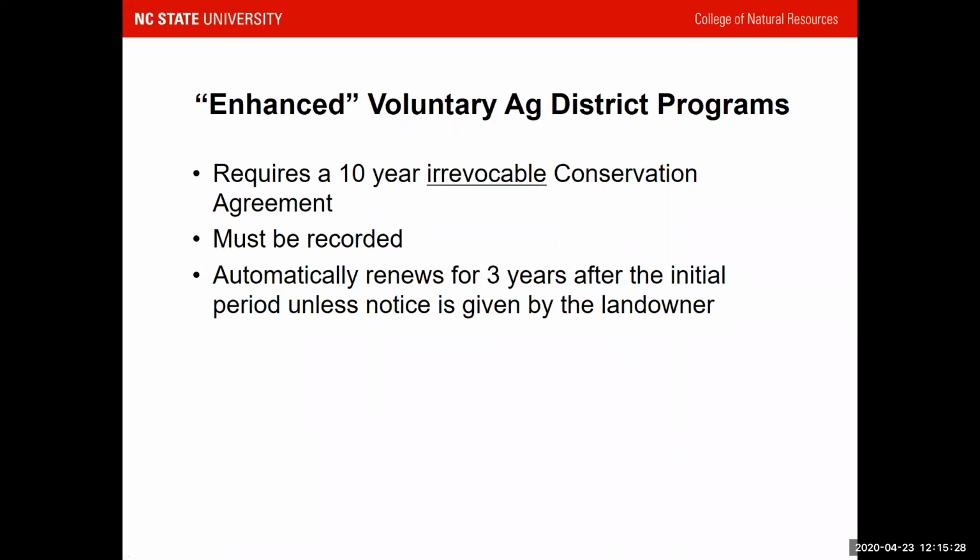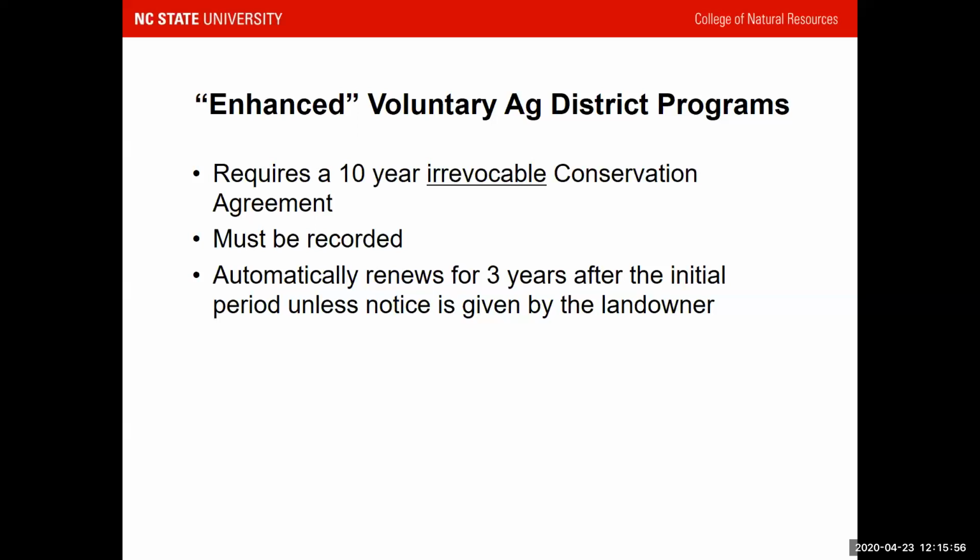There is, in the last few years, been an enhancement to the voluntary ag districts where, as counties upgraded their ordinance, if you will, those conservation agreements become irrevocable for that 10-year period. So they're essentially a term easement, a decadal, and they automatically renew on a 3-year basis unless the landowner chooses to withdraw.